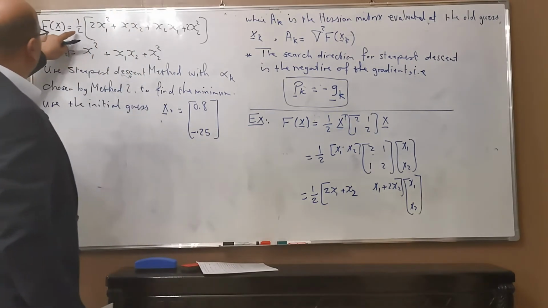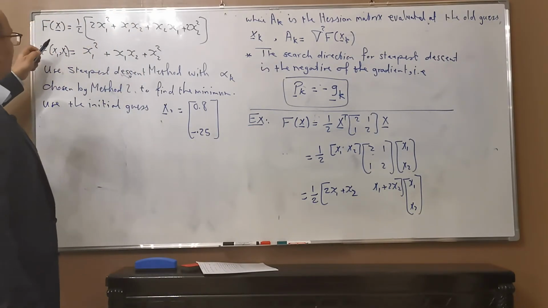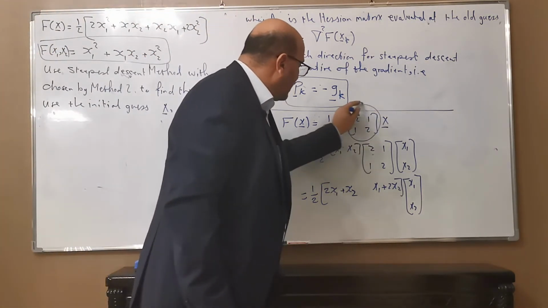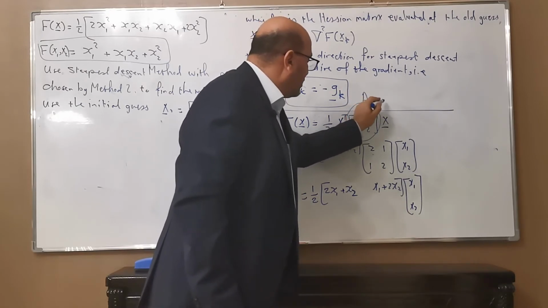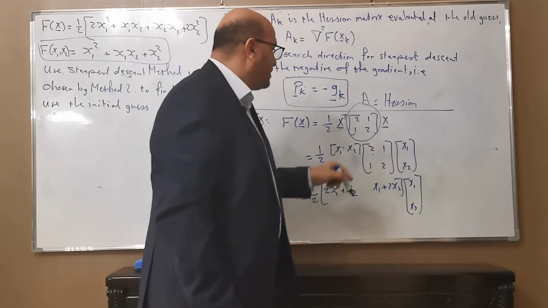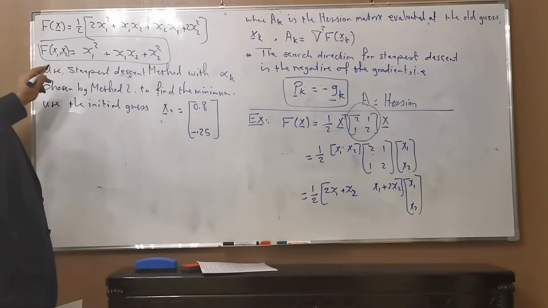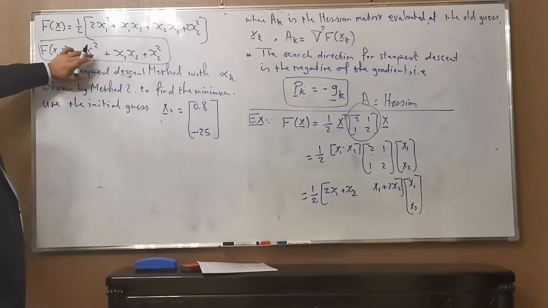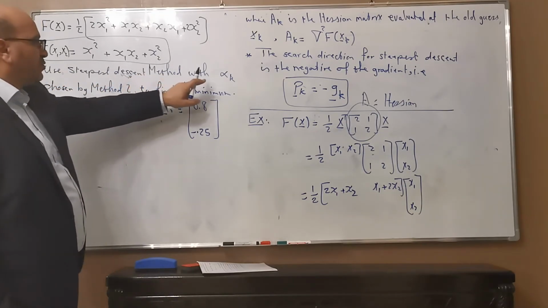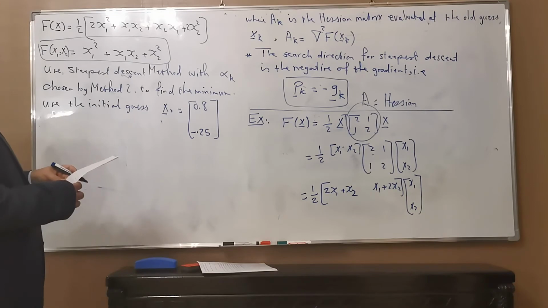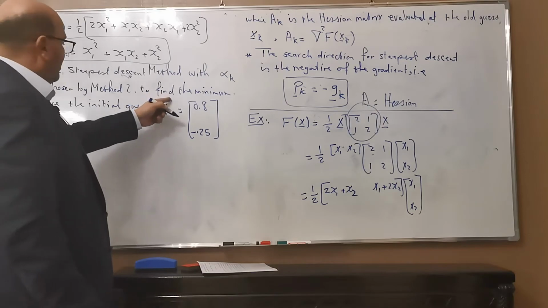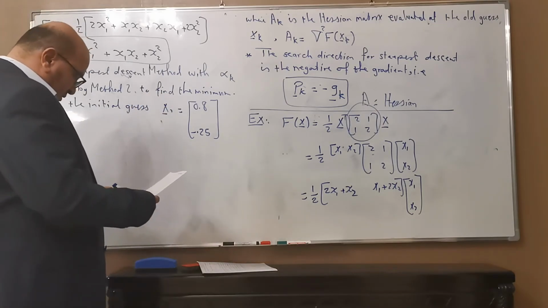We have f of x in this form because we know that this A is the Hessian. We use the steepest descent with alpha k by optimizing through the line, chosen by method 2 to find the minimum, and we use the initial guess in this manner.